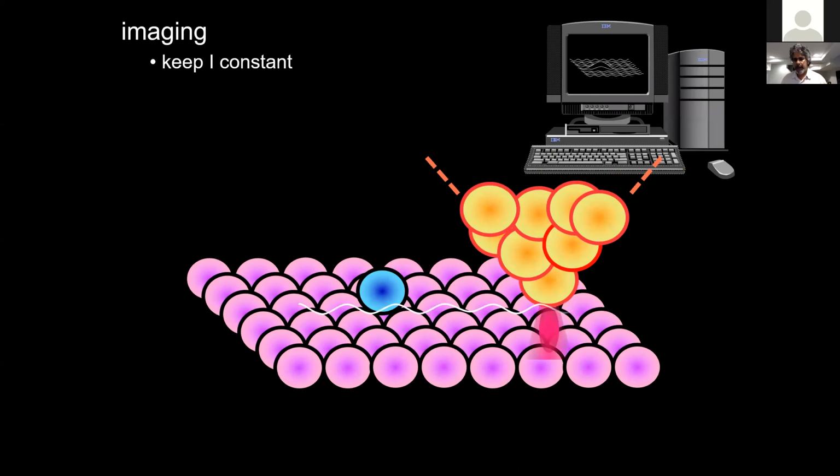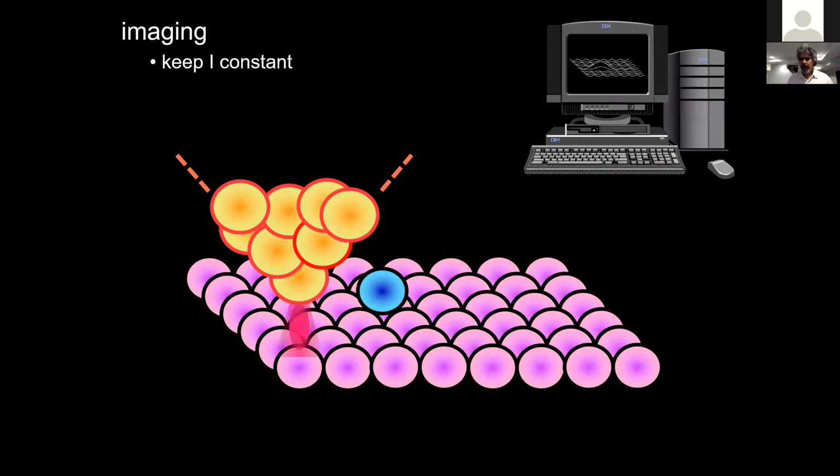So atoms happen to have electrons, and as often as not, that means that there's a high probability for tunneling. So if you have a high probability for tunneling, that means you can back the tip a tiny bit away and still maintain a constant current. And so over atoms, like in a surface, like I'm showing here, the tip moves back a little bit, and that's what we record as the position of the atom.